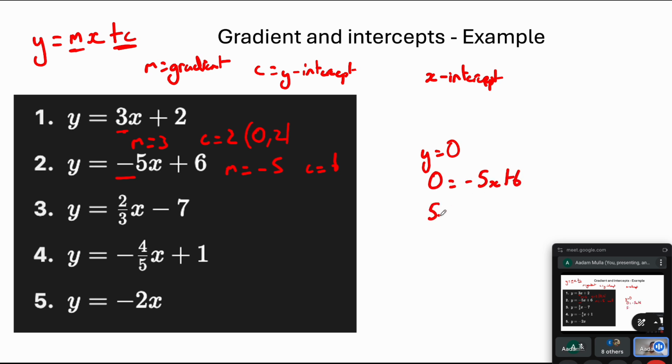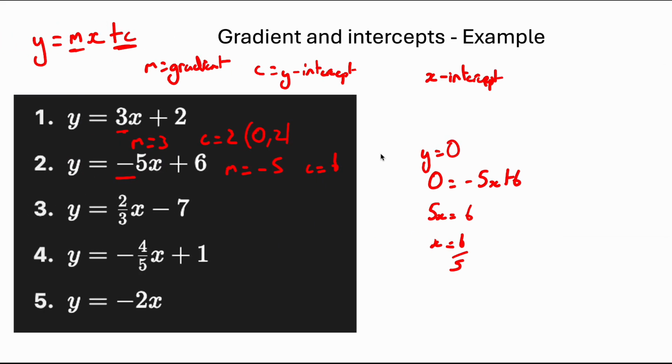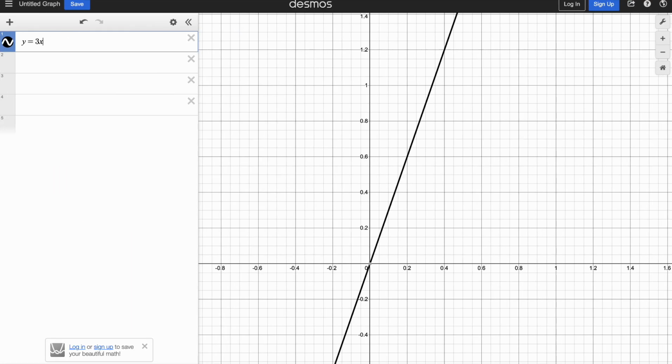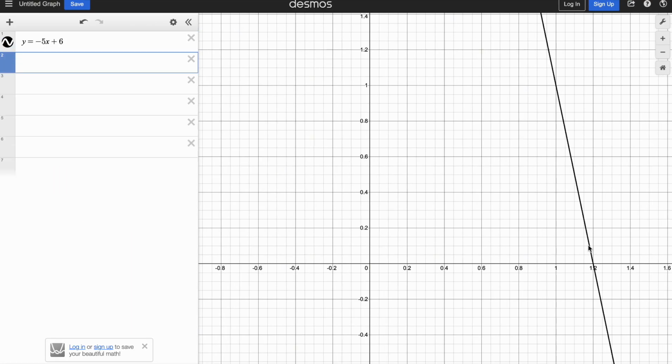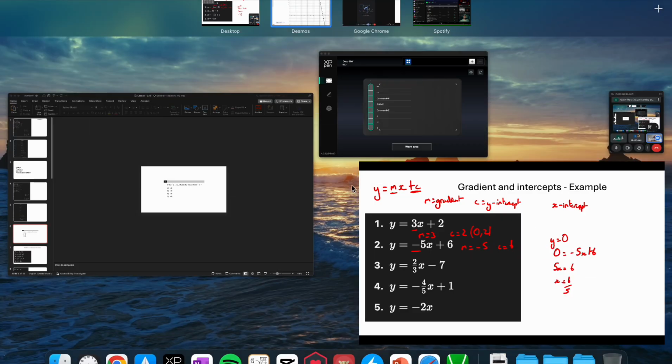Just solve that, so 5x equals 6. And x would be equal to 6 over 5. Yeah, and if I take a look, 1.2 is the x-intercept.